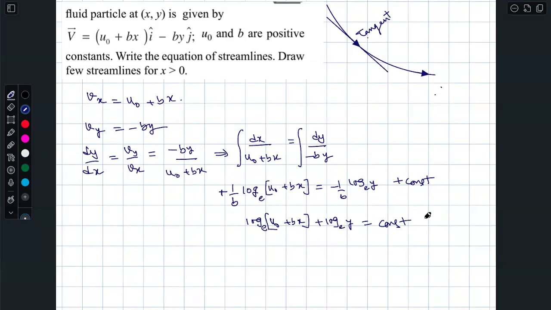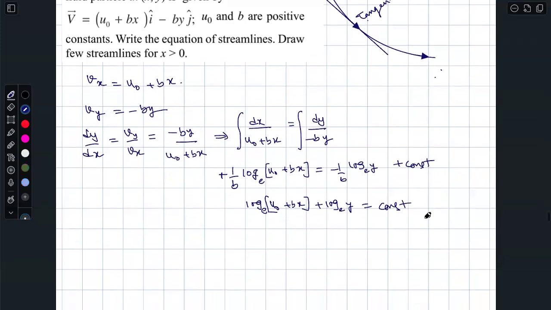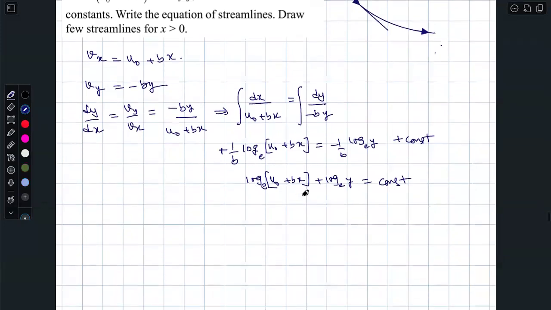Log m plus log n, how will you write it? mn. Finally what I got is u naught plus bx times y is a constant.